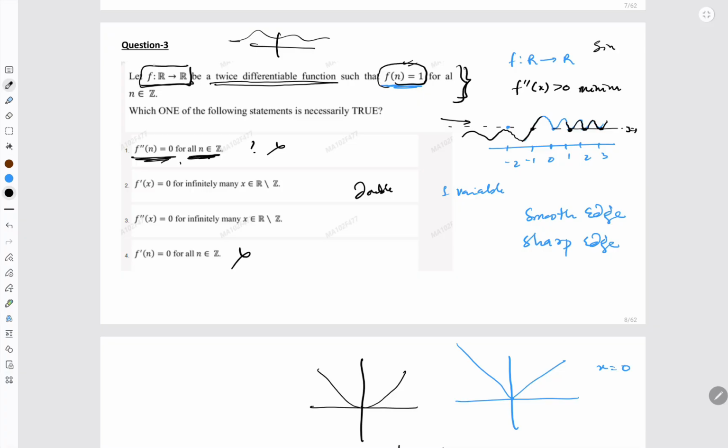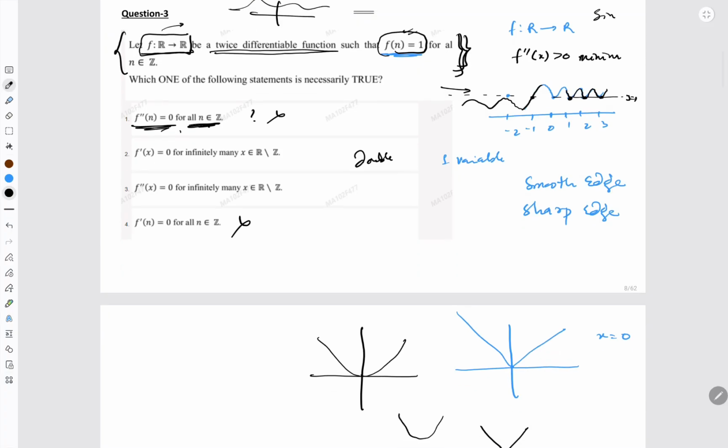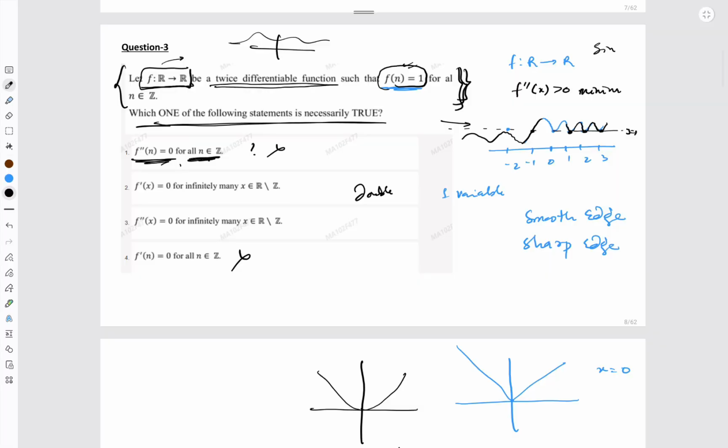So there can be infinite functions that will satisfy this definition, but the question is which option among them will be necessarily true. That means, let's say there are 100 functions that satisfy this condition. For these 100 functions, one of the options will be necessarily true irrespective of the function.